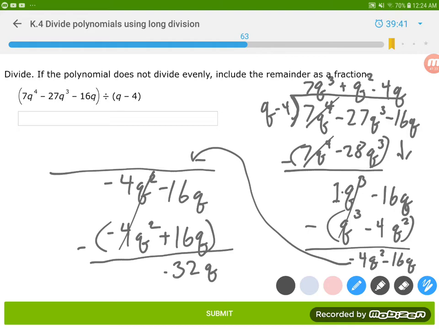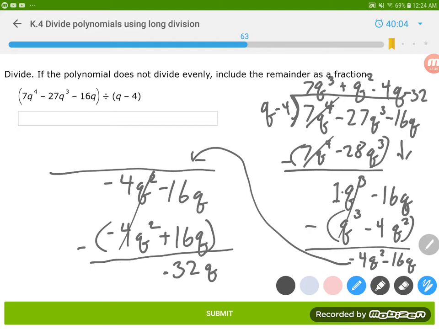So we would get a negative 32q, and oh, this is a hard one. So q can still divide negative 32q, so we would divide it one more time. And so our final number, right, q can divide negative 32q, negative 32 times.